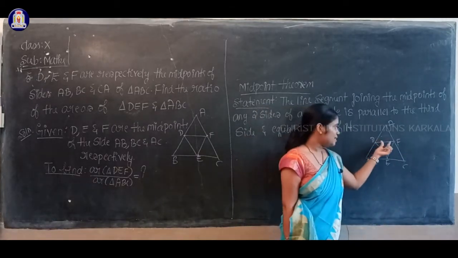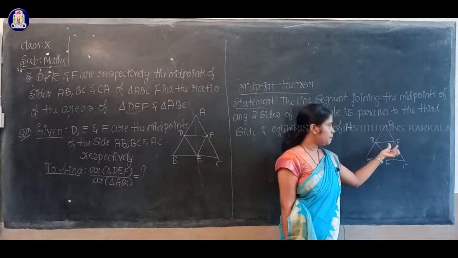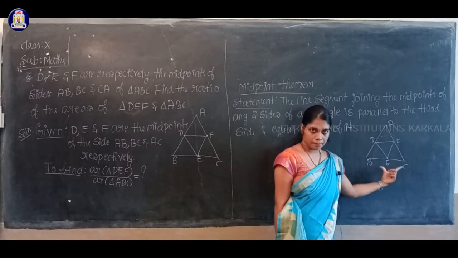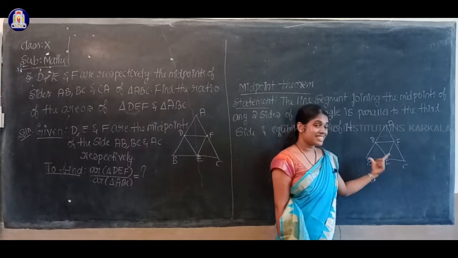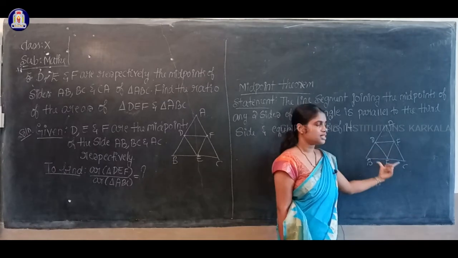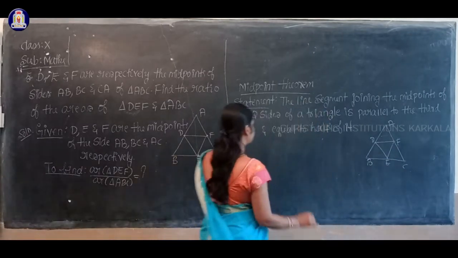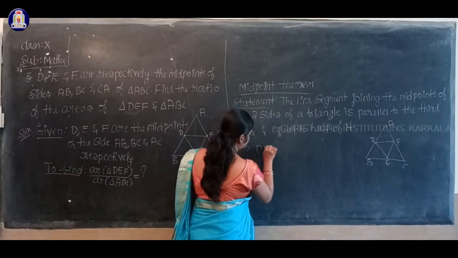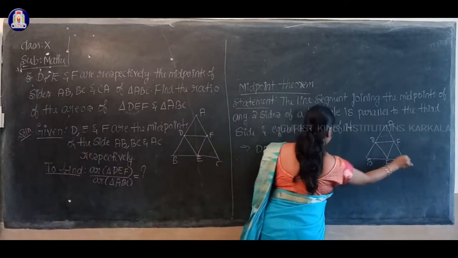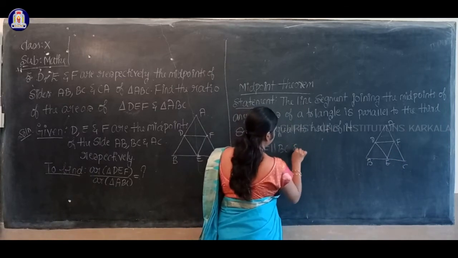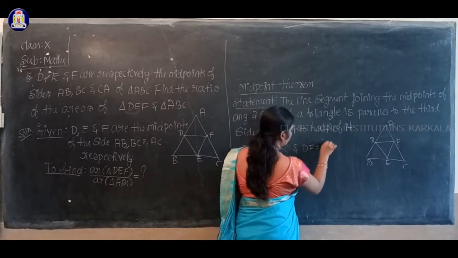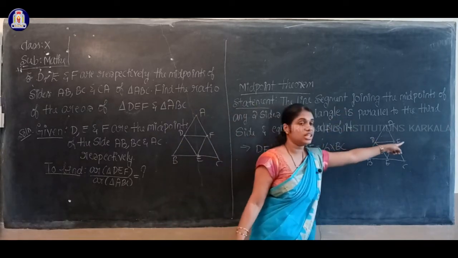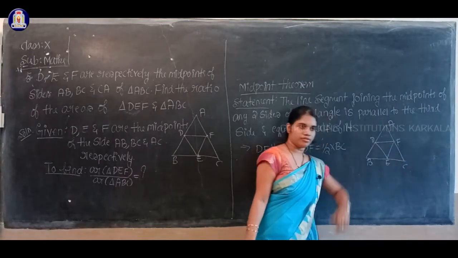So the line segment DF will be parallel to the third side, which is BC, and it is exactly half of BC. So DF is parallel to BC, and the length of DF will be half of BC.